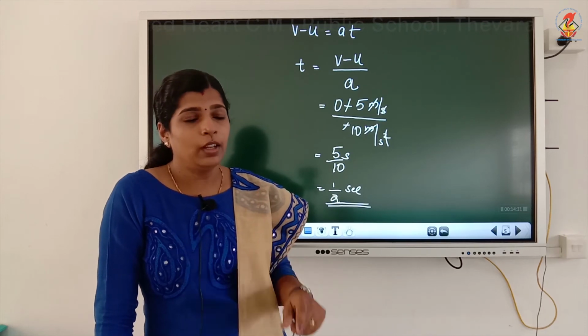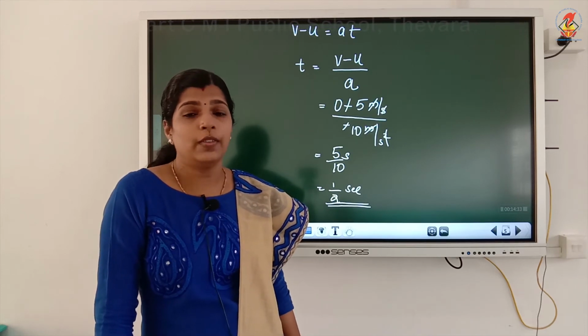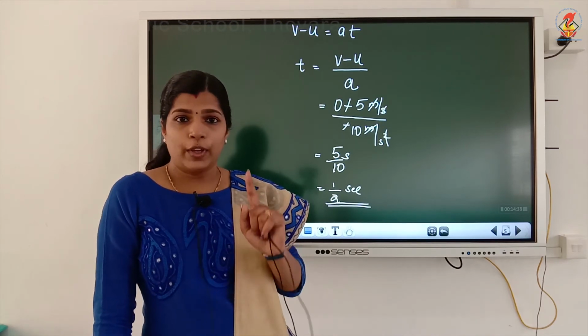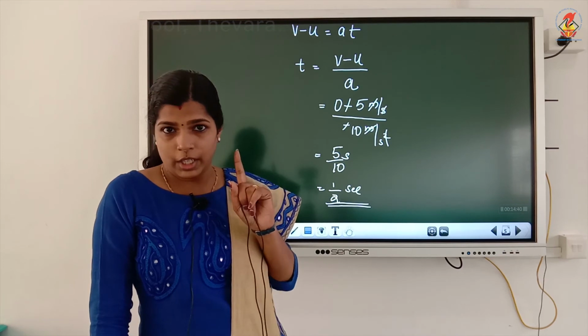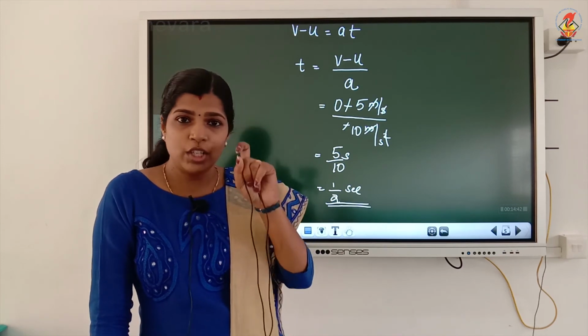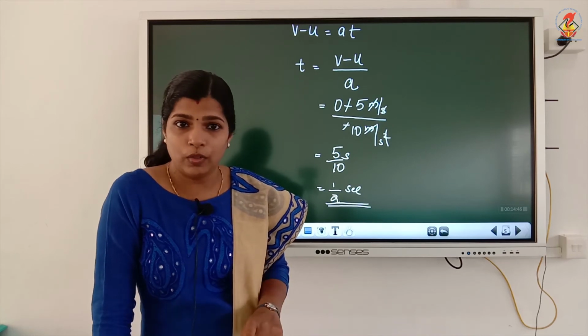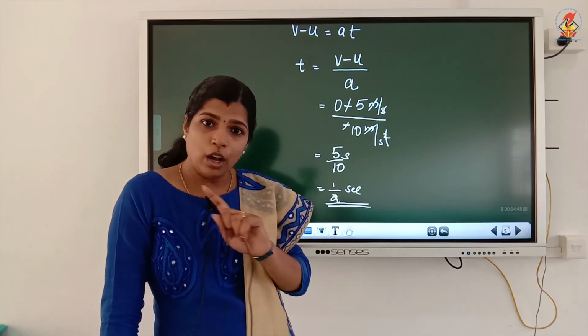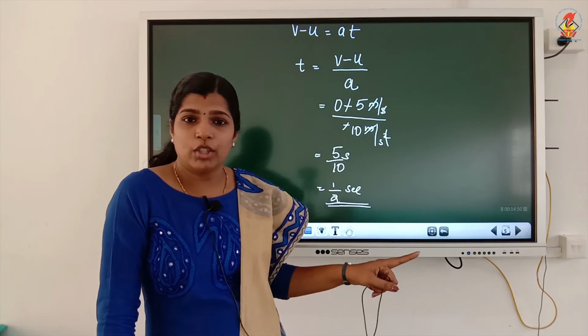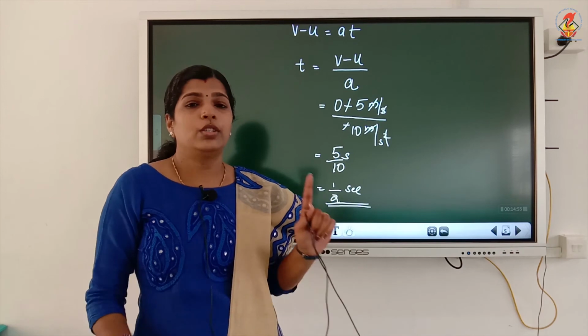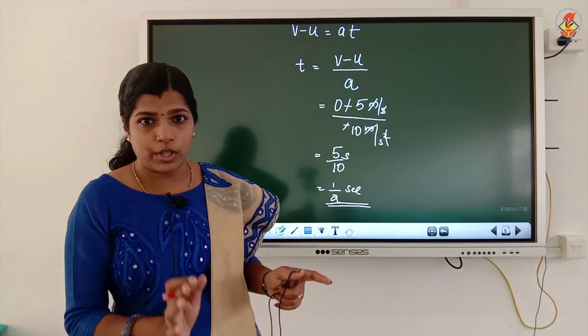Acceleration will be given, but we need to give a positive or negative sign for the acceleration. If an object is moving in the upward direction, the acceleration of the earth will be acting in the downward direction. In all cases, the acceleration of the earth will be acting downwards. So these two directions are opposite.